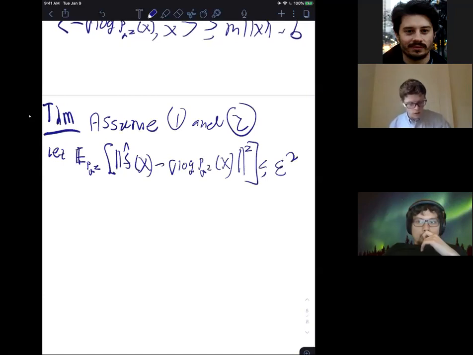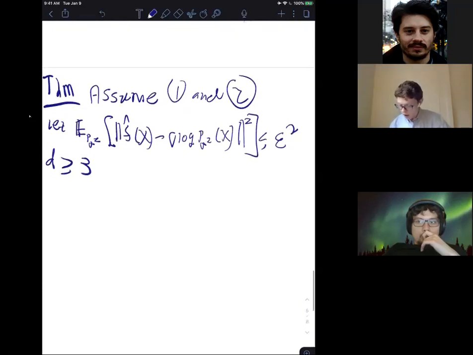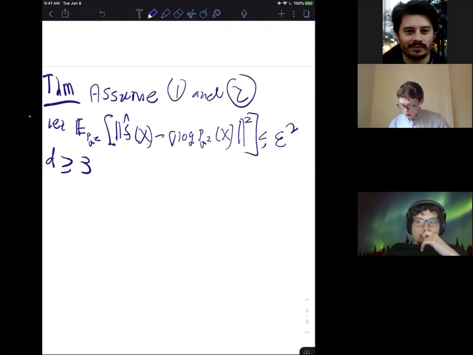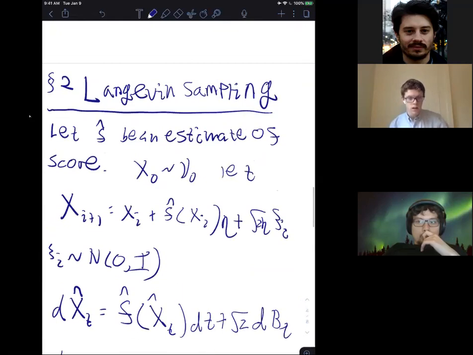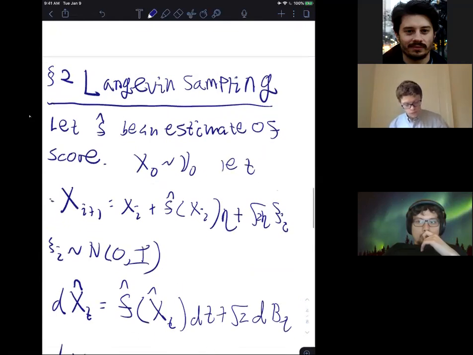We're also going to assume that the dimension d is greater than or equal to 3. And we're going to let μ_k be the law of X_k, where X_k is just the kth iterate of this guy up here.